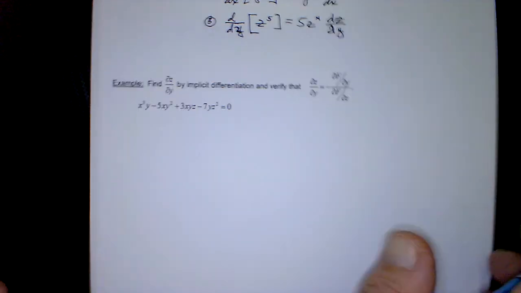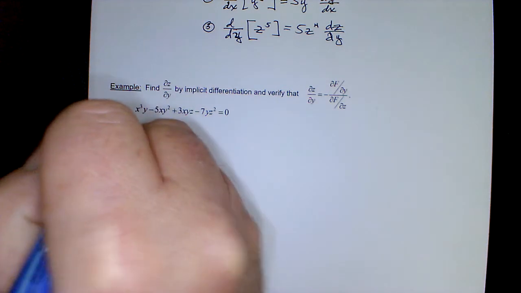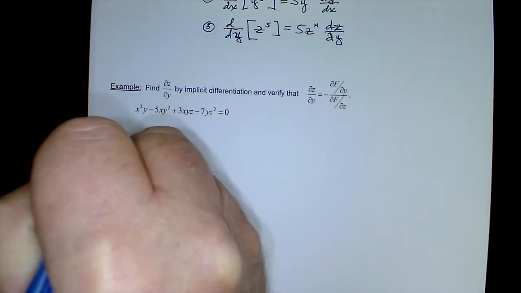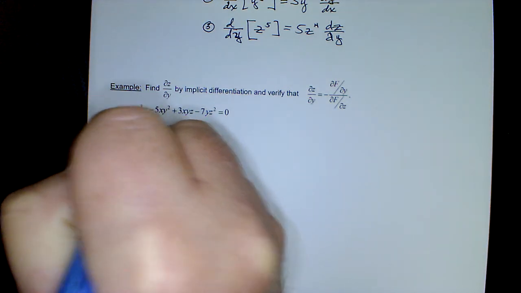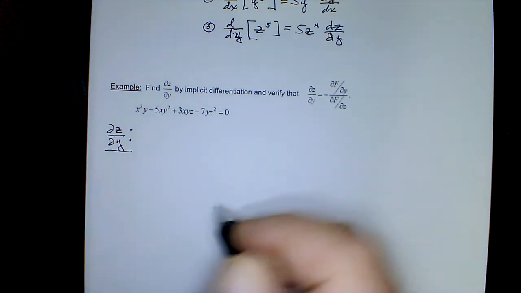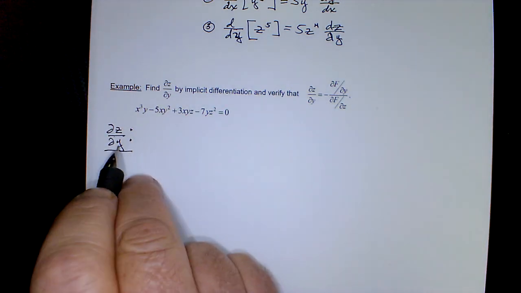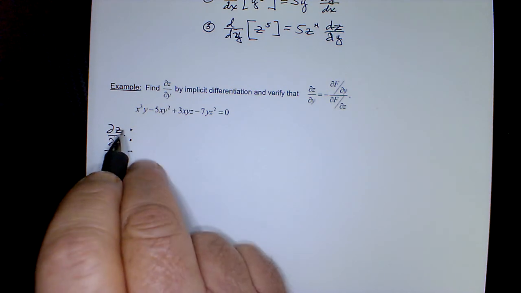So we have to keep in mind in this example, when we find the partial of z with respect to y, I always like to kind of write it off to the side so it reminds me of what I'm finding, because it tells me I'm differentiating with respect to y. So x is held as a constant, but z behaves as the function of x and y.